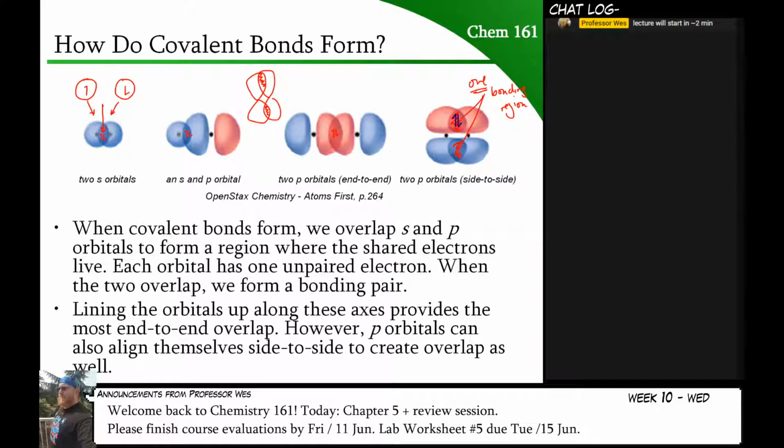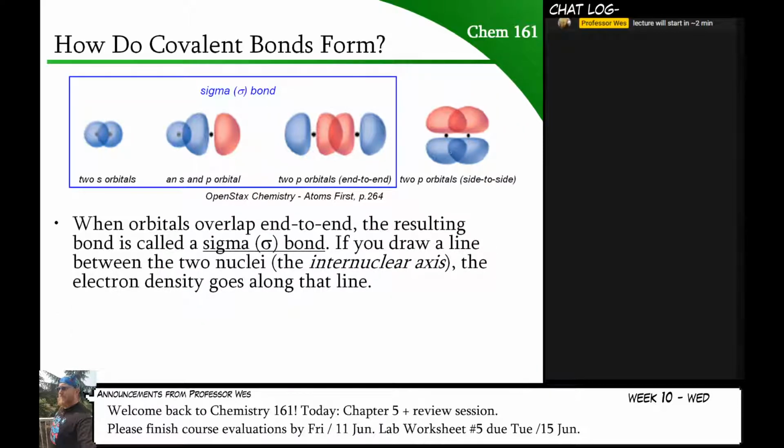Now, based on how geometry works, and you're going to see pictures of this in a little bit, the alignment of end-to-end occupies all the space between the nuclei. So if I drew a line straight through all the nuclei, for all of the orbitals in the boxed region, the overlapping area where my electrons would be goes through that line.